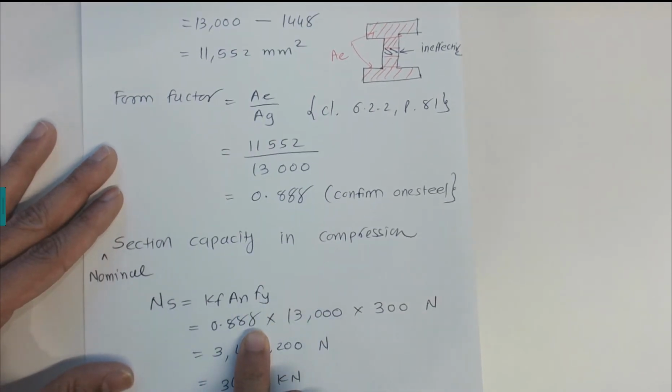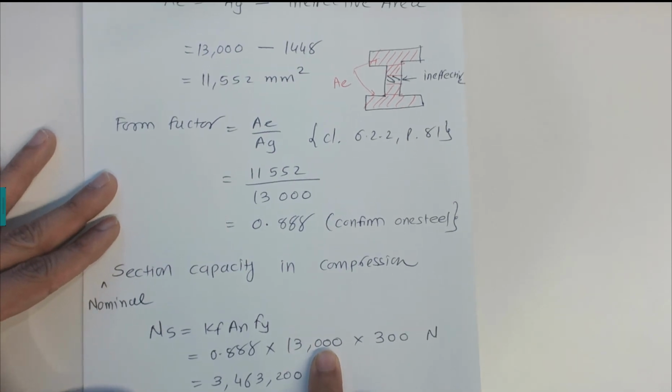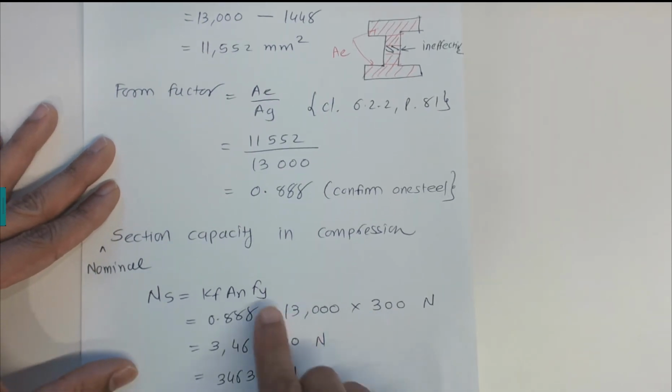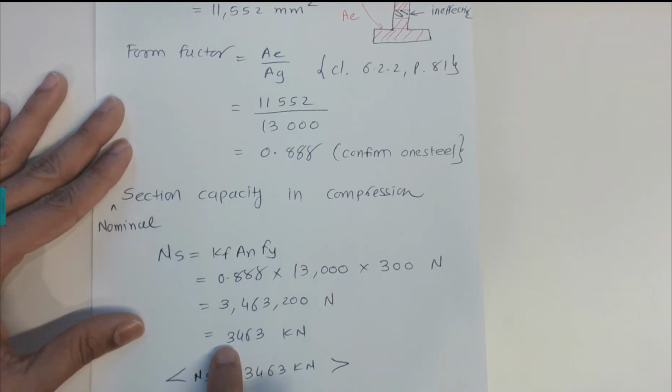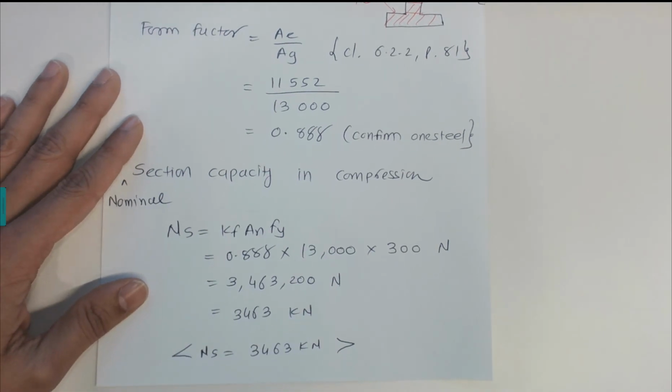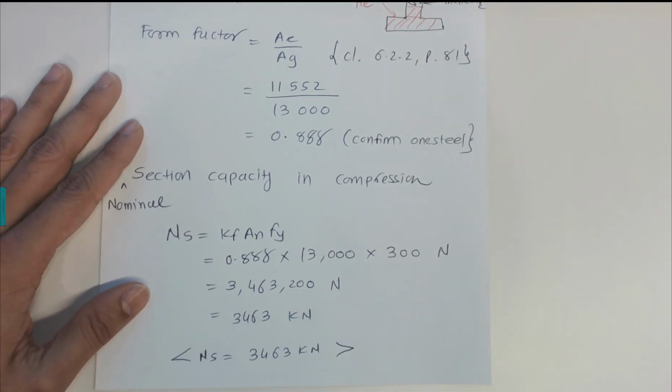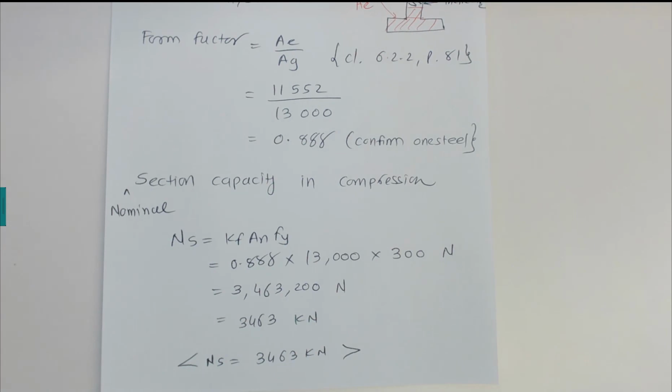So 0.888, the form factor we calculated, times gross area 13,000 millimeter square, times the yield strength 300, gives the answer in Newtons, divided by 1000 to get the answer in kilonewtons. So that's the section capacity of the 610 UB 101. Thank you.